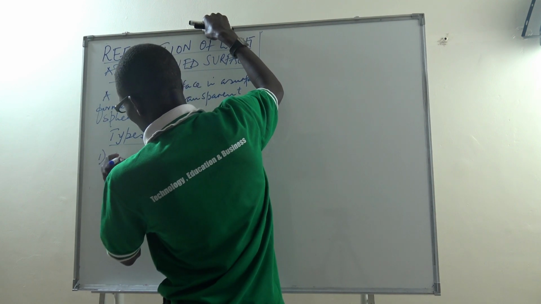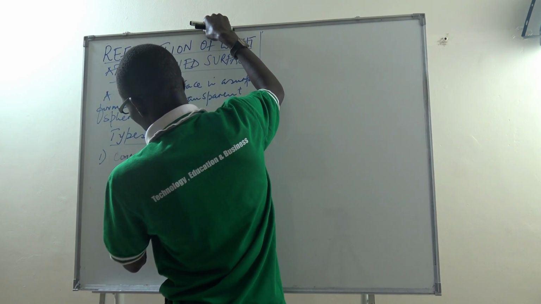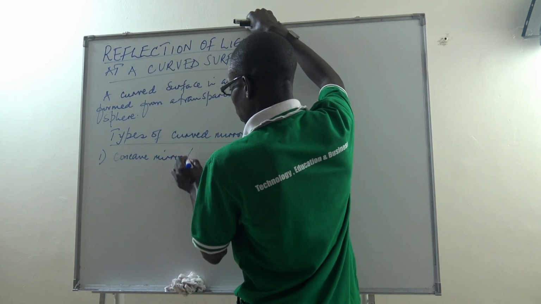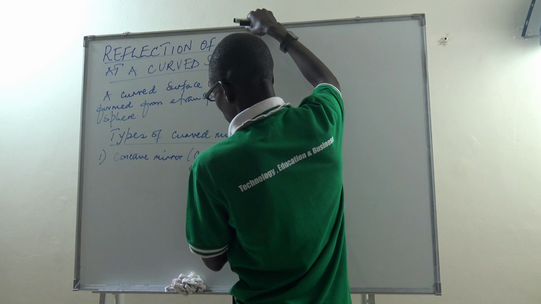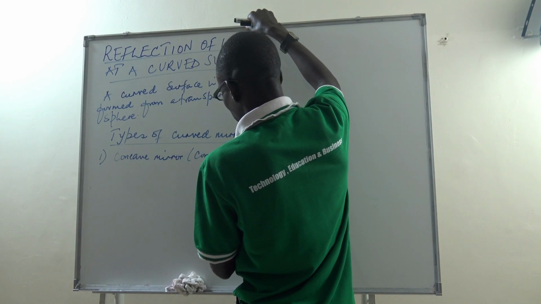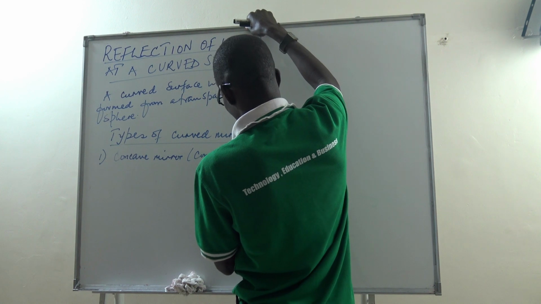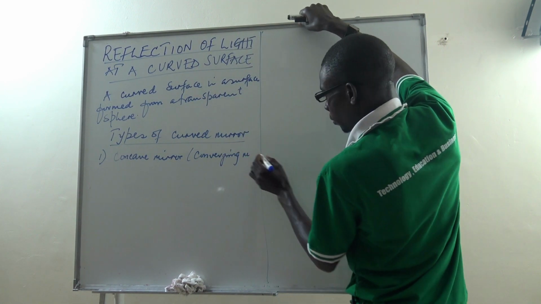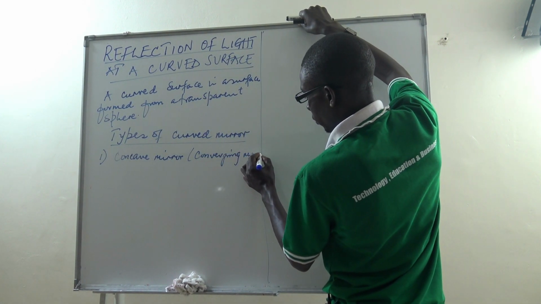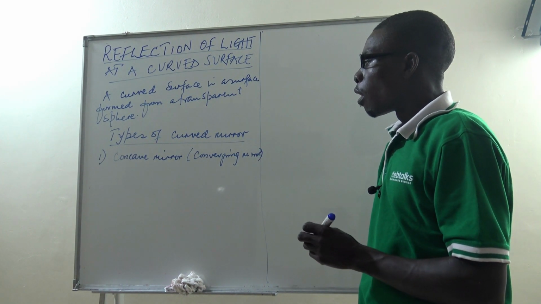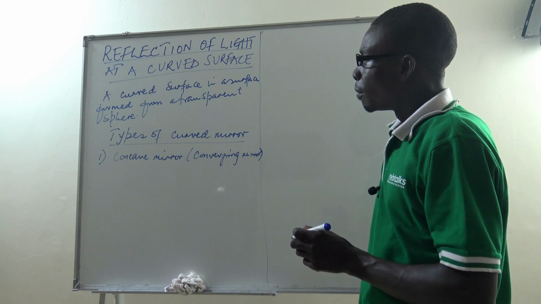I can call it a concave mirror, which is also known as a converging mirror. Okay? So we have a concave or converging mirror.